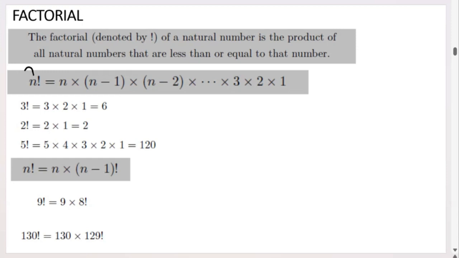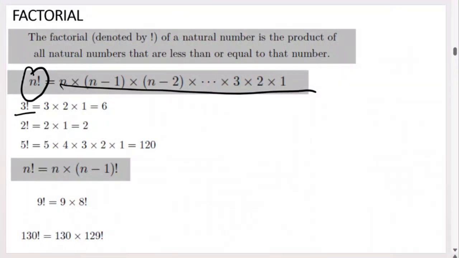Okay, so here is the definition in mathematical terms of a factorial. You can see my examples. If you've got 3 factorial, we are starting with 3 and descending, so it's going to be 3, 2, 1.